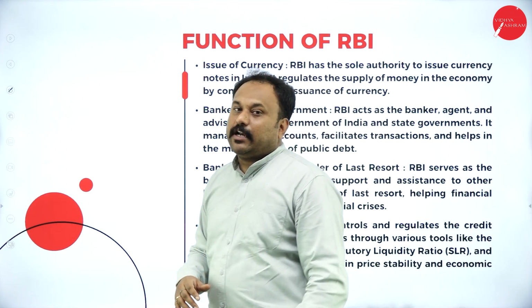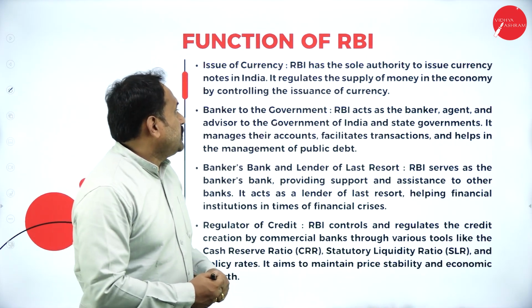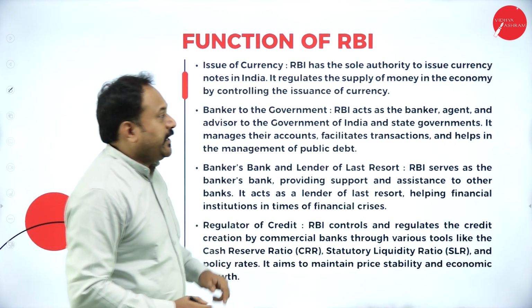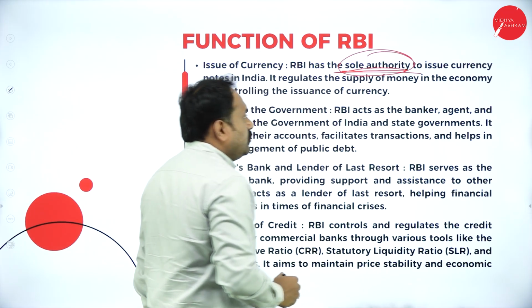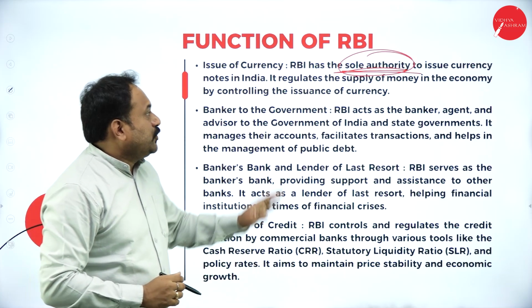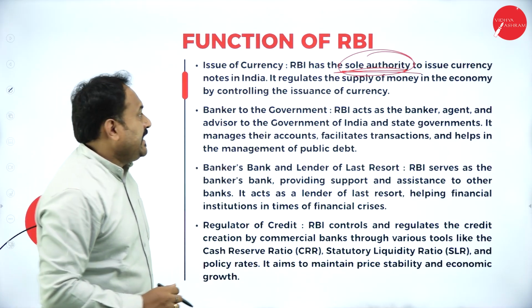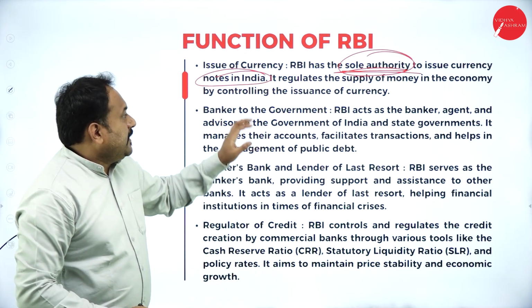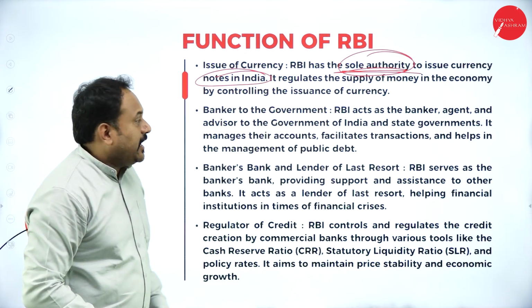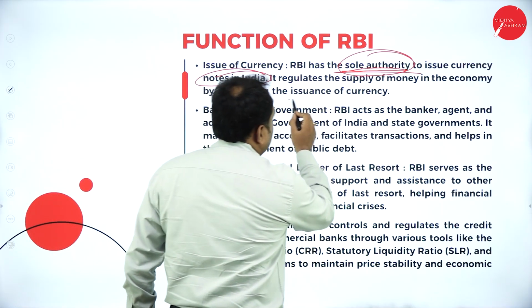So who has the authority? That is the RBI. See, understand, the word is sole authority. Nobody else can print it, to issue currency notes in India. I'm only talking about India.